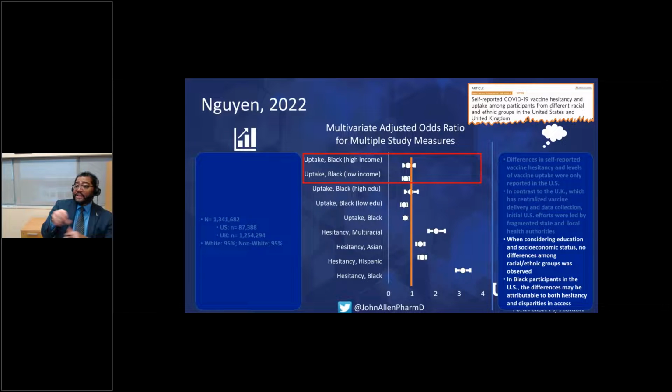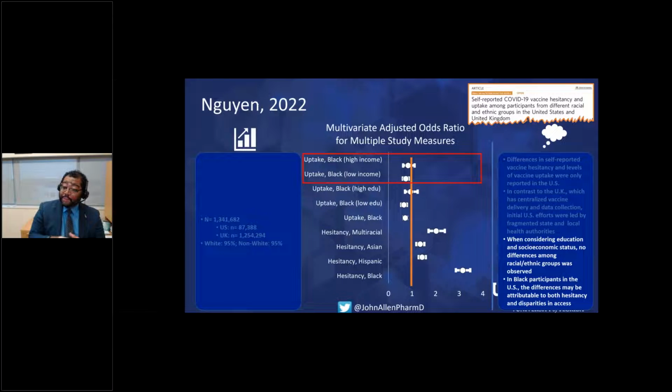When we look at this data, the important thing that I take from this is that when we consider education and socioeconomic status, those things are crucially important to outcomes and illustrate that there is significant heterogeneity within populations.